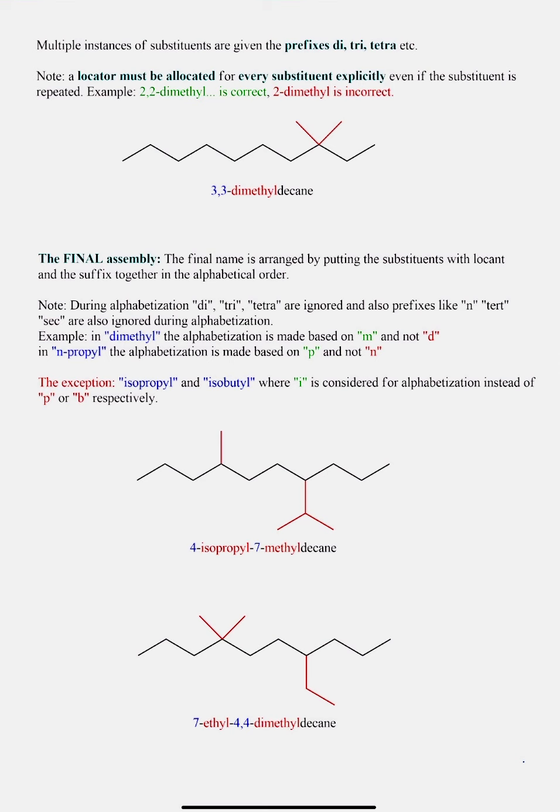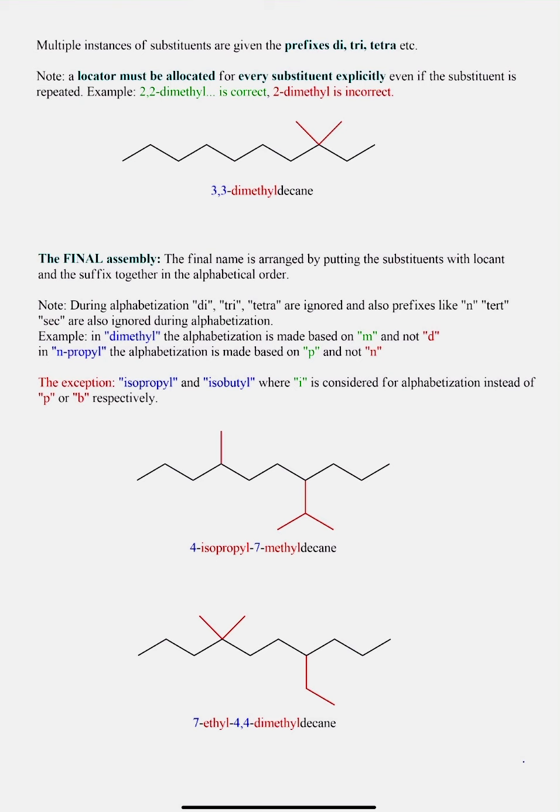And then the final assembly. After you have decided on the main chain or the suffix of the compound, and then you have identified all the substituents, you have numbered it correctly according to the lowest sum rule, and in case of a tiebreaker, gone with the numbering which gives you the lower number for the substituent that comes alphabetically first, the next thing is final assembly.